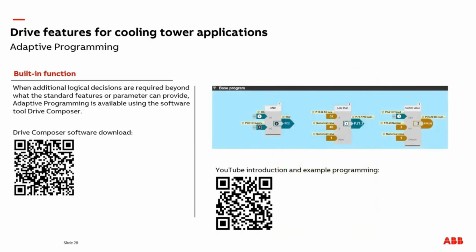If more complex programming is required beyond the standard features of the drive, adaptive programming is available with the software tool Drive Composer. See the video description below for links to download this software, as another video that covers the programming tools and an application example.